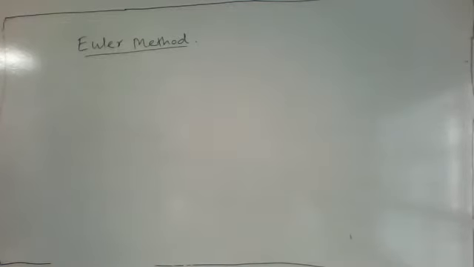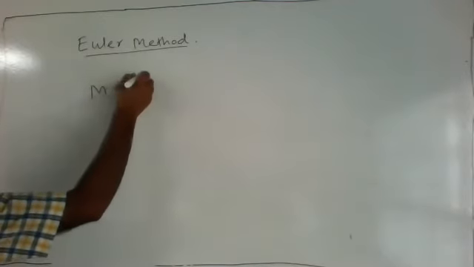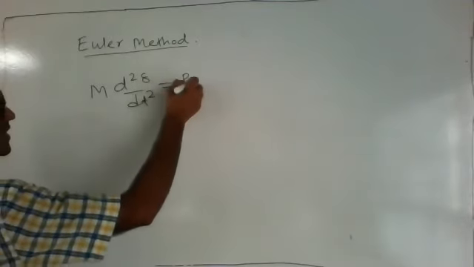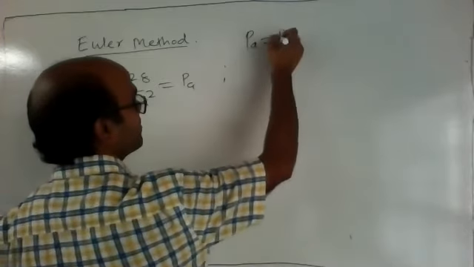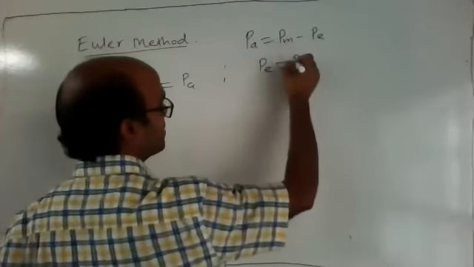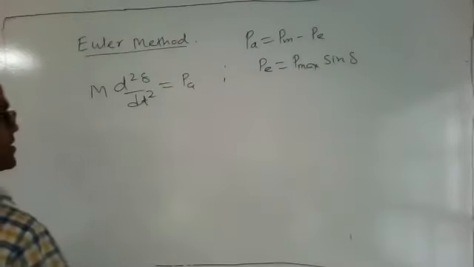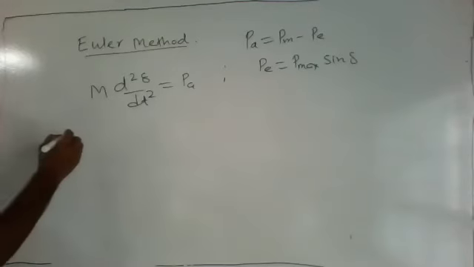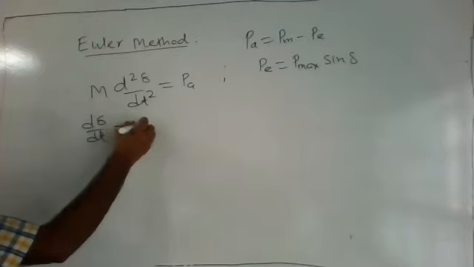The swing equation is M d2 delta by dt square equals PA, and we know PA is PM minus PE, and PE is Pmax sine delta. These equations we have to know. Another thing we know is d delta by dt, which we assume is omega.